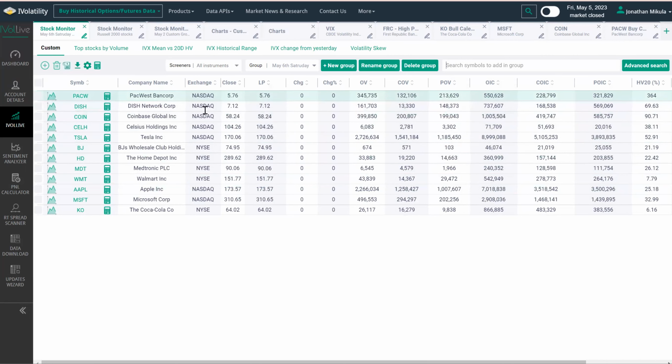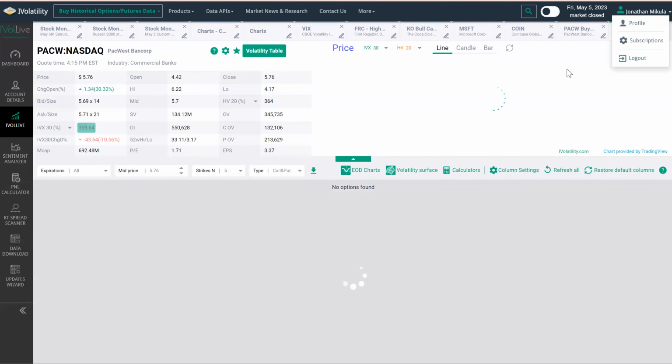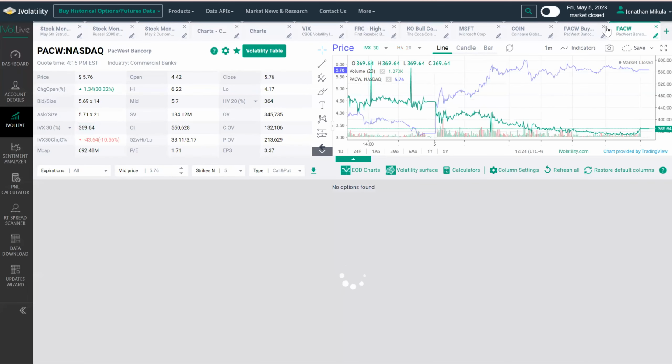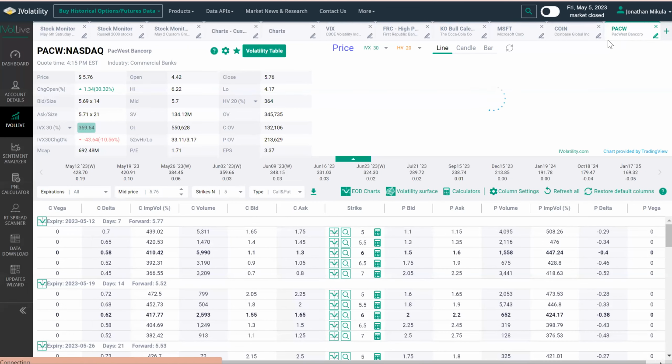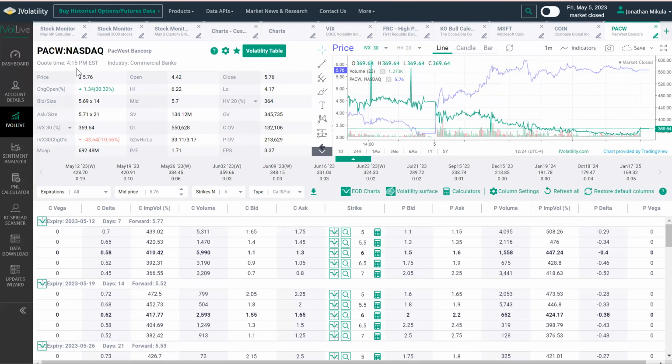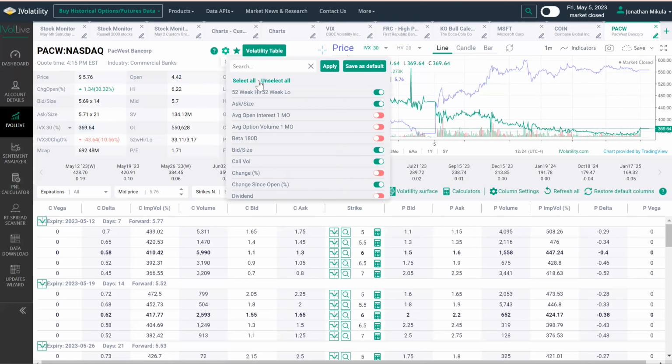So we'll do a drill down on a couple of these names to show what the next step would be. Let's just go PacWest for an example. If you click on it, this new tab just pulled up, and from left to right, what you're looking at is fundamentals over here on the left: things like price, market cap, IVX. Look at that, 369.64. So this thing is going wild. The other thing you could do with fundamentals is add to or take away.